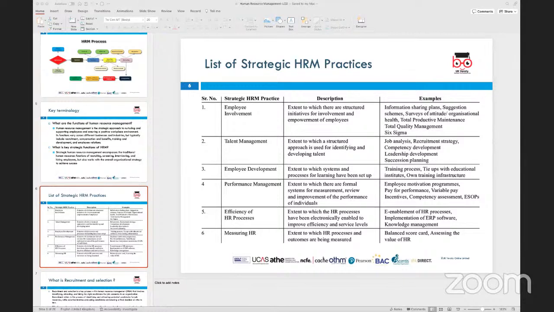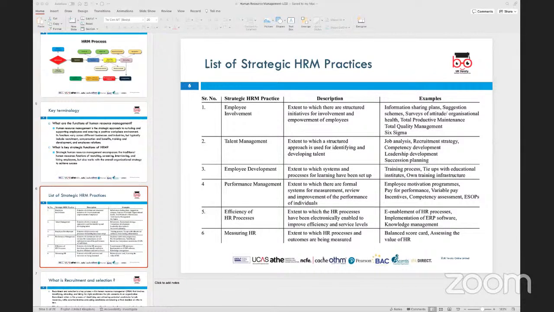And these are benefits that you would generally see when organizations involve people within the organization. So this is something which is quite important.